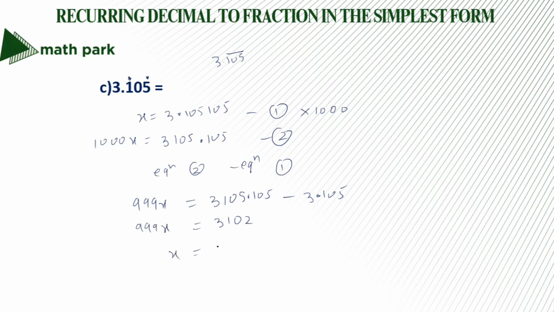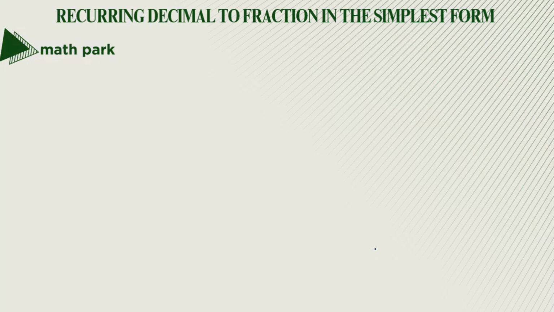So x is equal to 3102 upon 999. Now you see that 3 plus 1, 4 plus 2, 6, so it is divisible by 3. The sum of digits is a multiple of 3, so the number is divisible by 3. So dividing by 3, we get 1034 upon 333. So this is the fraction in the simplest form. Can't be divided further.